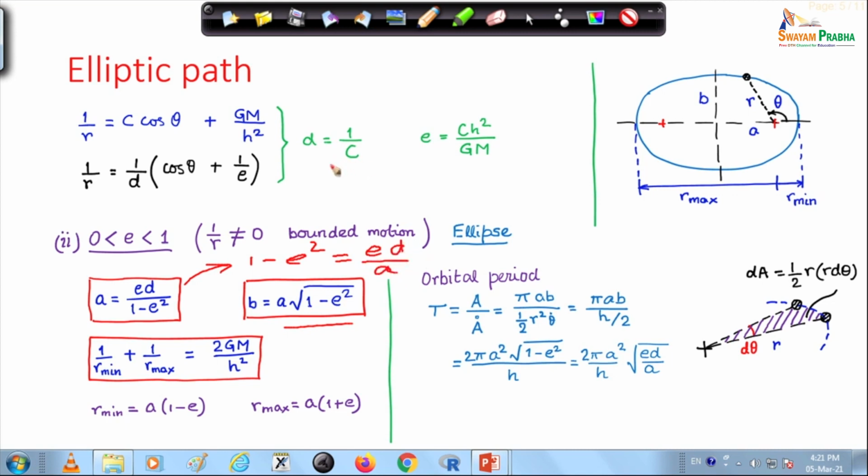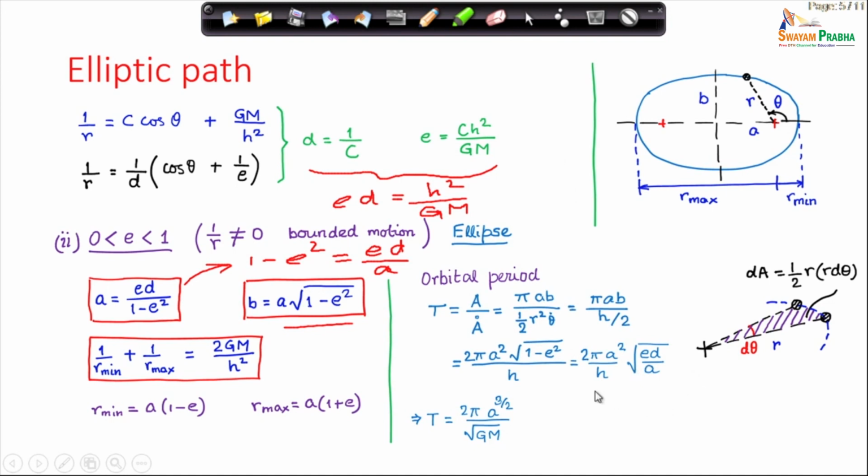And you know from these two relations that e d is equal to h square by G M. In the first step I just wrote under root e d by a because it was under root 1 minus e square.